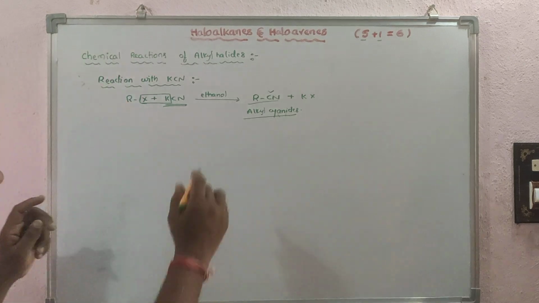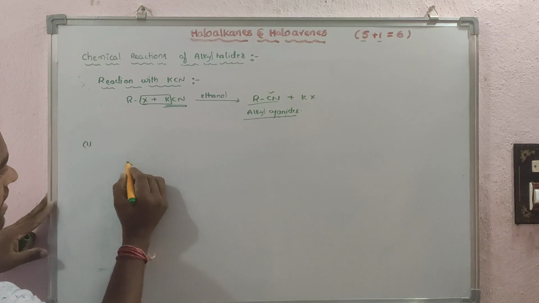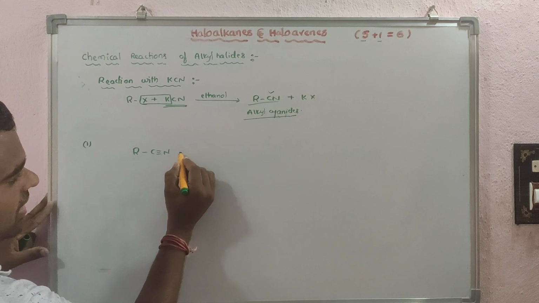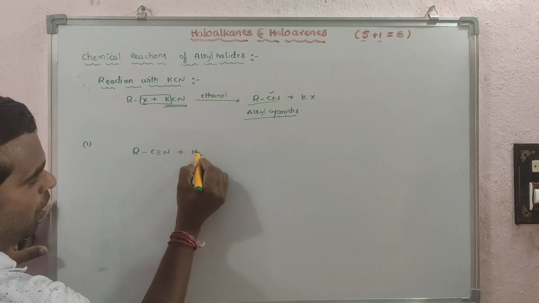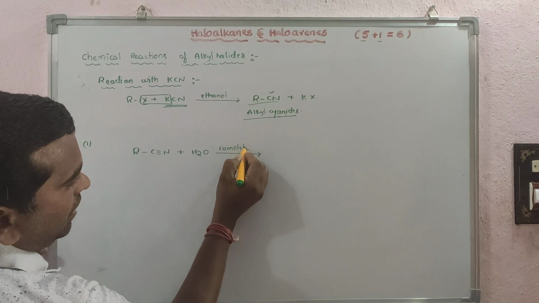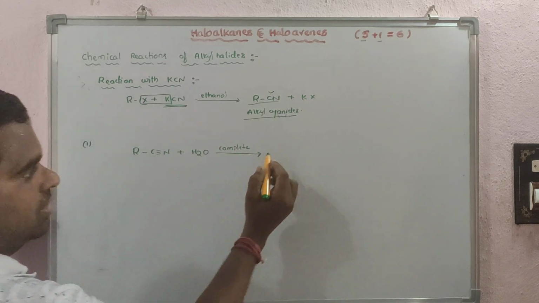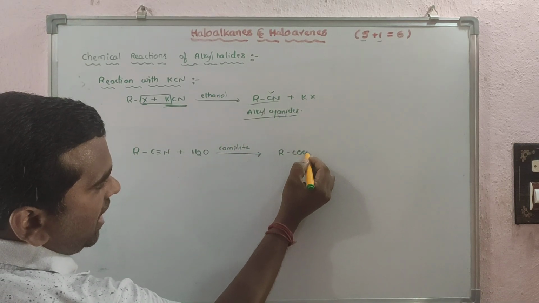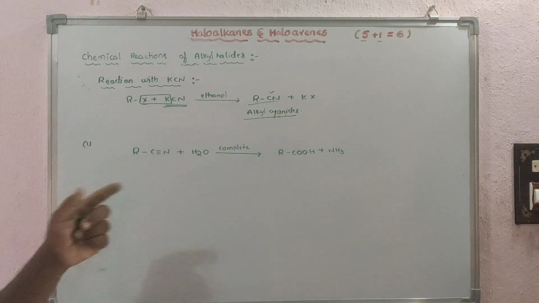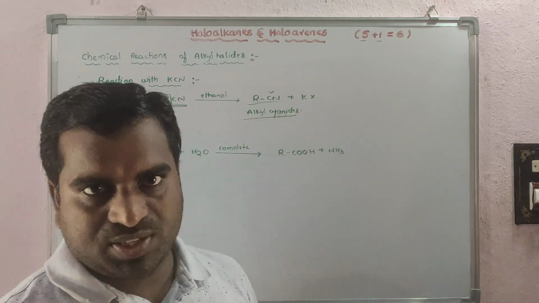If you take the cyanide, R triple bond CN, and do complete hydrolysis, cyanides are converted into acids plus NH3. This is very important. Most of the time we will use cyanide hydrolysis. What is the product? Acids. Clear?